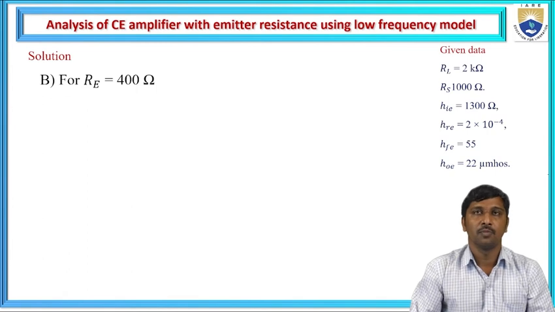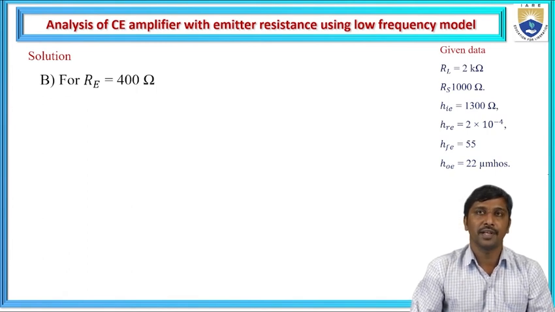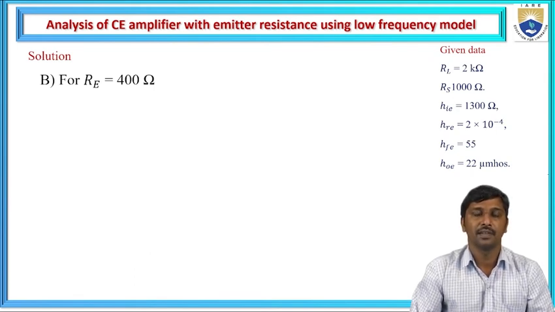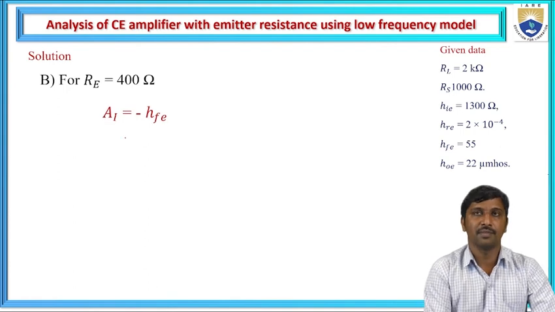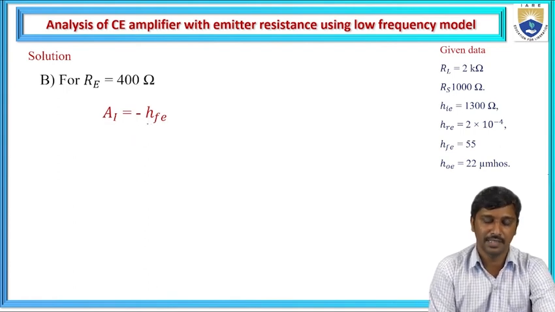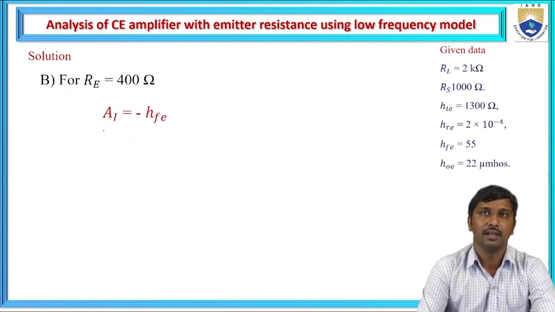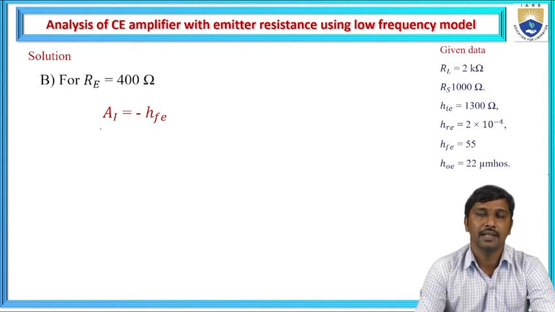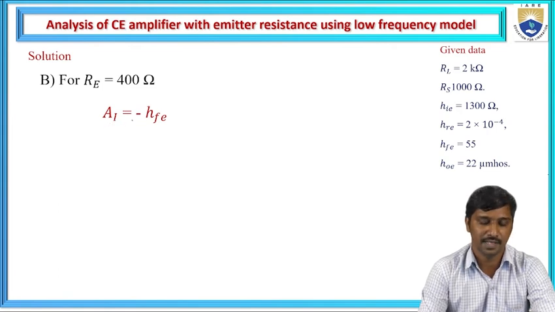Hence, now by using this approximate model for a common emitter amplifier with emitter resistance, we are going to calculate the parameters like current gain. So first, current gain from that approximate model is represented as minus hfe. The current gain is not affected by the emitter resistance.